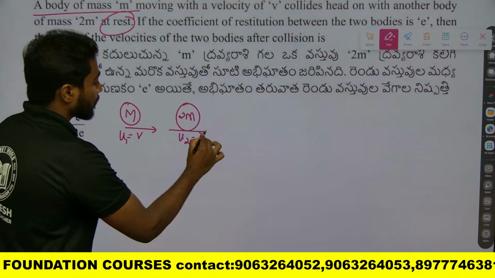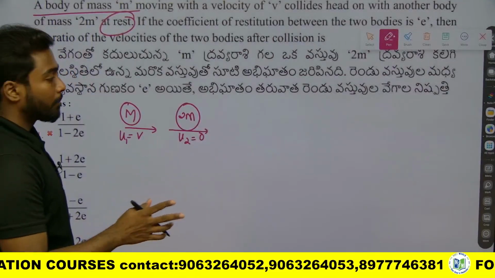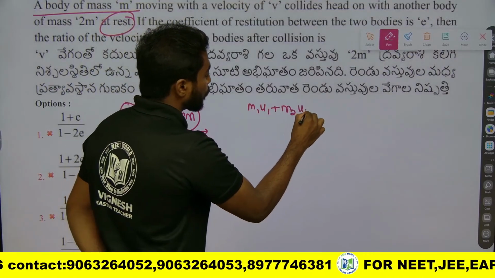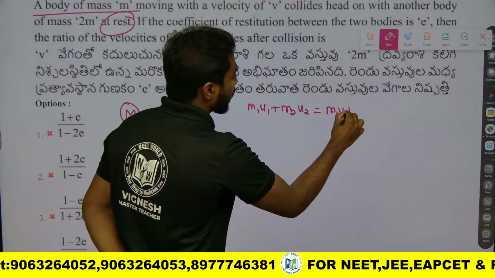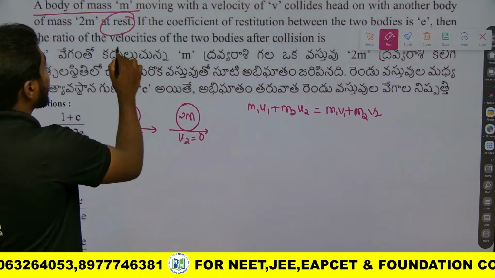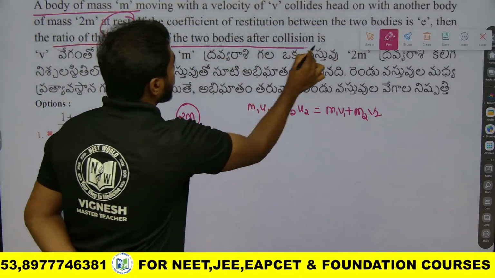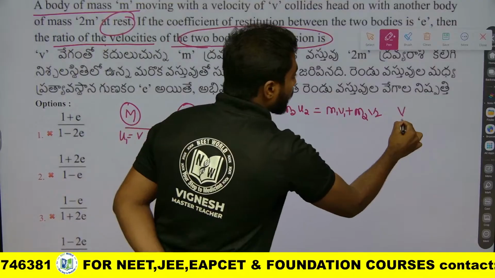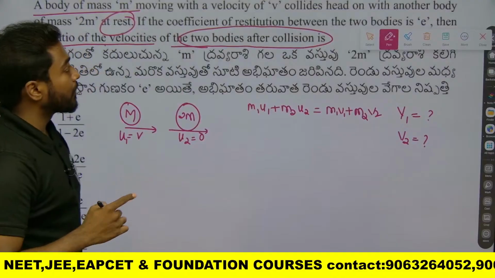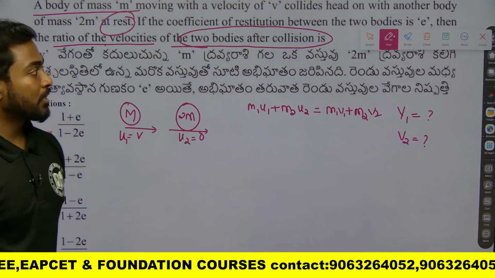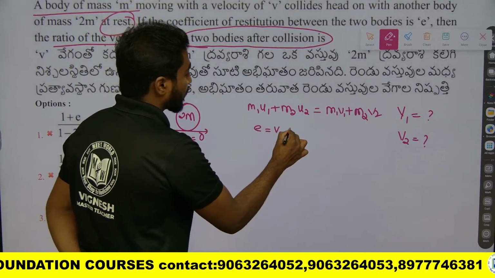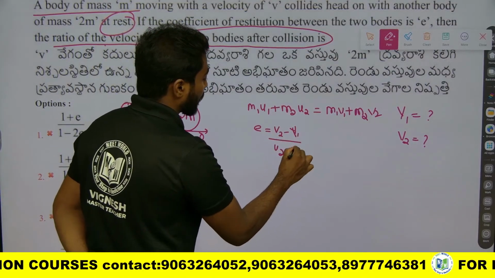Now, the equation before collision or after collision: m1 u1 plus m2 u2 is equal to m1 v1 plus m2 v2. They asked for the ratio of the velocities after the collision, so I need to find v1 as well as v2. E is given, the coefficient of restitution, right? What is the formula? E is equal to v2 minus v1 by u2 minus u1, right?